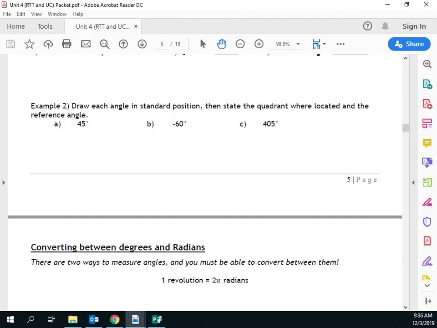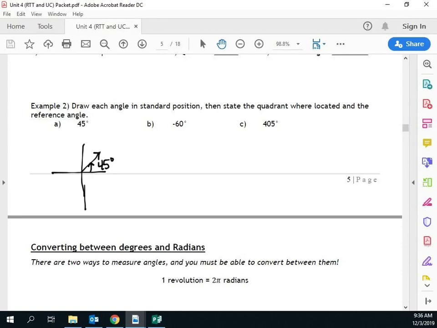All right. So if you look at 45 degrees, what quadrant are you going to be in, guys? First quadrant. So you have 45 degrees.